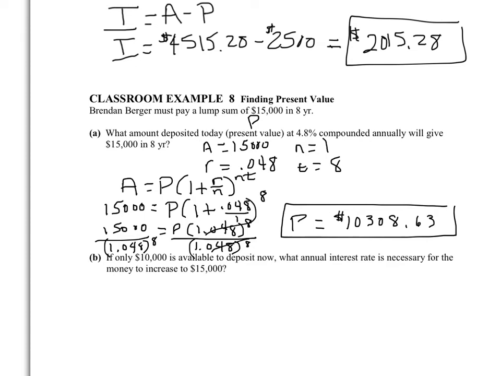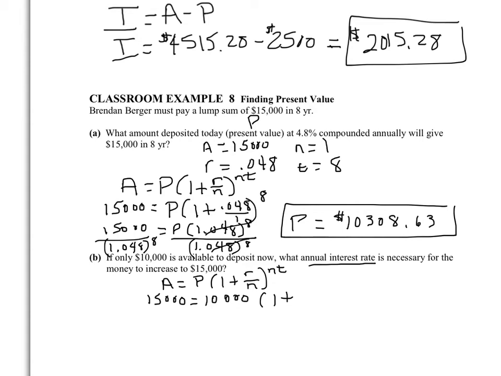We're just going to now have to look for a different variable in our problem. So if we stay with our formula, A equals P times 1 plus R over N to the NT power, he still wants $15,000, but he only has $10,000 that he can invest, and we're trying to find what the interest rate is.